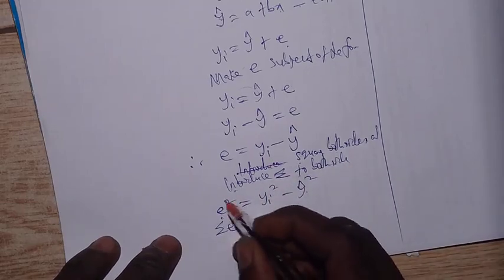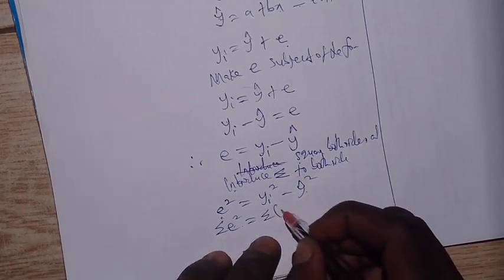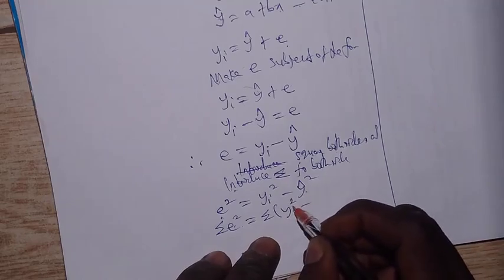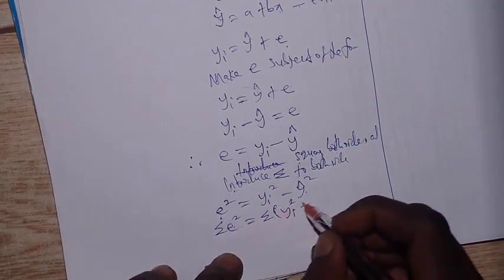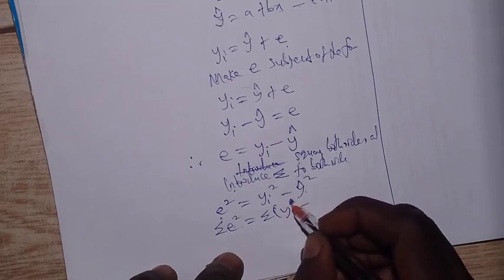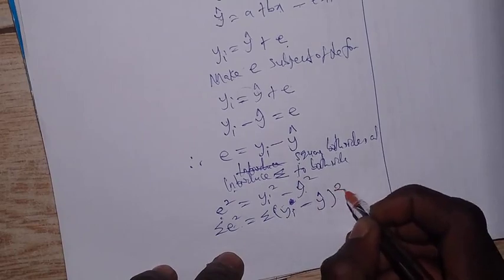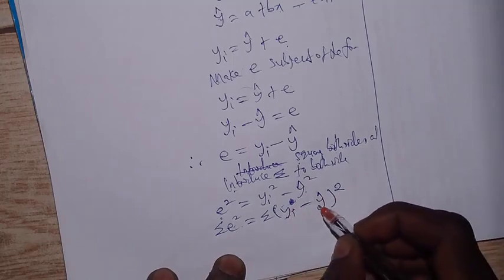Summation E squared, right, is equal to summation yi minus summation y cap, all then squared outside, because this square affects yi and it affects y cap, right?